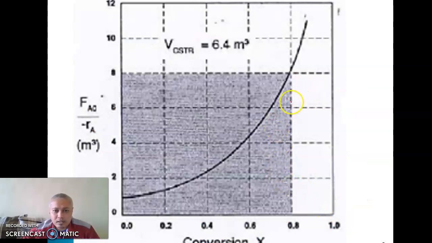So this is the Levenspiel plot, where the y-axis is FA naught over negative Ra. Negative Ra is the rate of reaction, and FA naught is the flow rate. X is the conversion for the x-axis.